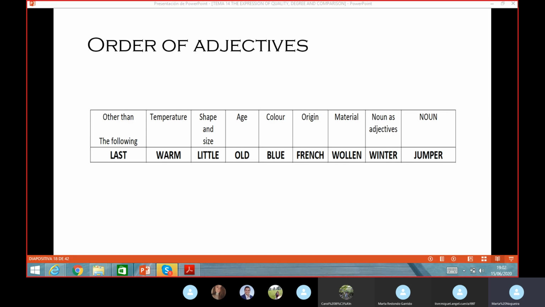An expensive, he dicho rojo, an expensive red car or a red expensive car, ¿vale? Pues para este tipo de cosas sería la primera opción que he dicho, ¿vale? An expensive, ¿vale? Porque si no está en esta categoría lo pongo aquí. An expensive, then the color and then the noun, ¿ok? Esto os puede servir para cuando hagáis una redacción o lo que sea.